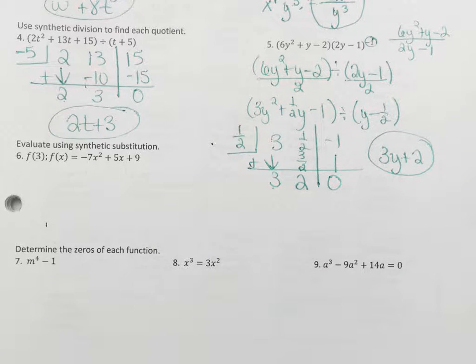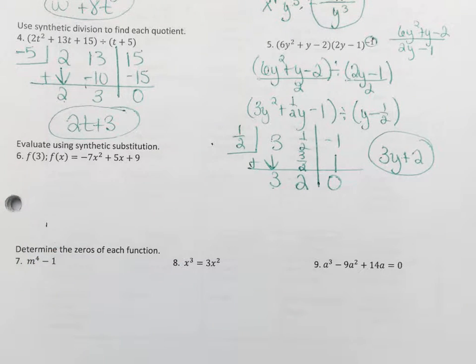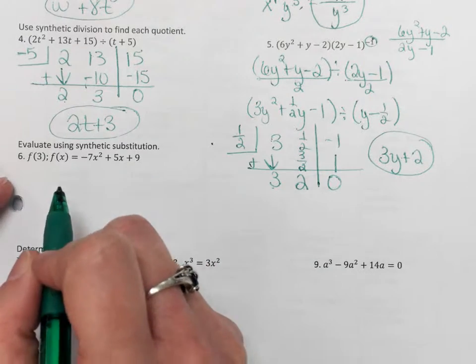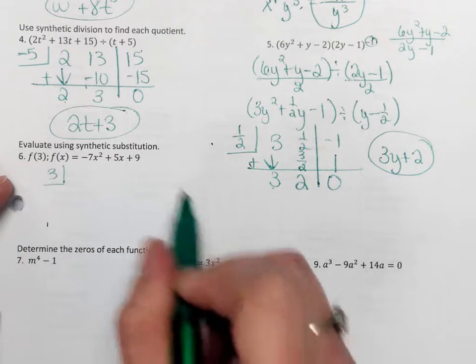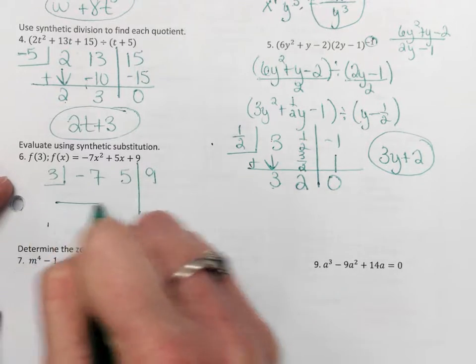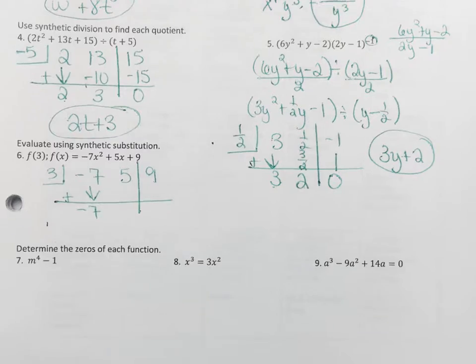Alright, what about number 6? What does number 6 tell us to do? Synthetic substitution, right? So we're not just going to plug in 3. How do we do synthetic substitution? Same way we just did, right? Plug in the 3. Negative 7, 5, and 9. Bring down the negative 7.